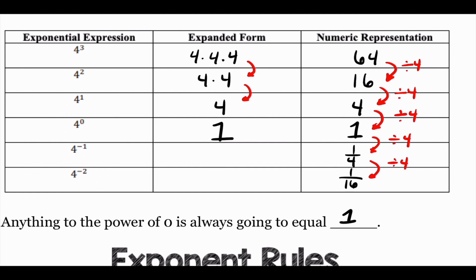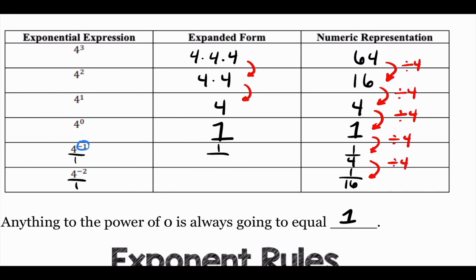So what's the trick? Well, the trick is if you have a negative exponent, if it's on top, we move it to the bottom. So these guys are on top. How do we know they're on top? Because they don't have a bottom, right? 1 is the bottom.